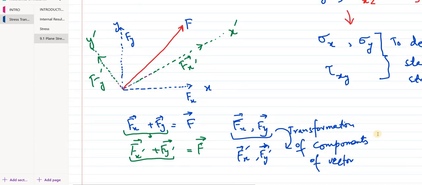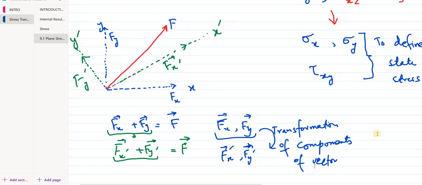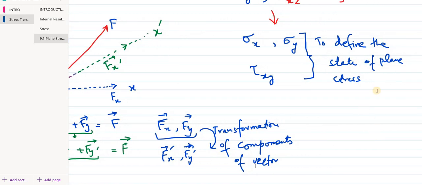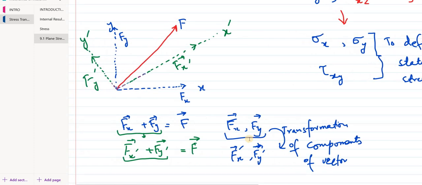And if you want to specify the state of plane stress, you need to know at least three components: sigma x, sigma y, and tau xy. Or if you have another set of coordinates like x prime and y prime, you need to know sigma x prime, sigma y prime, and tau x prime y prime. So I hope this is a good introduction to the concept of transformation.